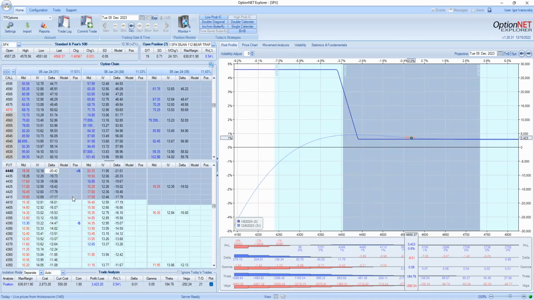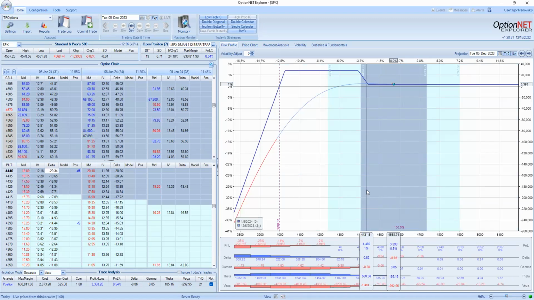And again, this is exactly what we just did. If we look at the delta of the 44.40, currently delta 20, which means there's a 20% probability that at expiration, SPX is going to be somewhere below 44.40. There's an 80% probability that this trap is going to expire worthless.